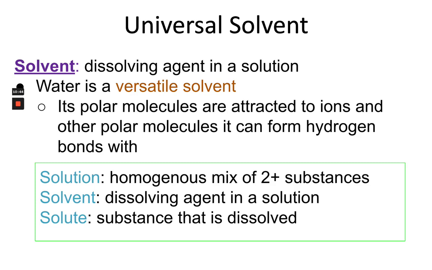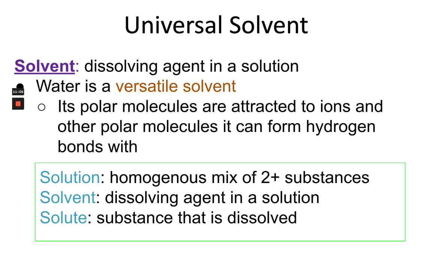When we're looking at solution, our definition is a homogeneous mix of two or more substances. Remember, homogeneous means it looks the same, it acts the same, even though it's two different substances. Solvent, again, is the dissolving agent, and solute is the substance that's being dissolved.